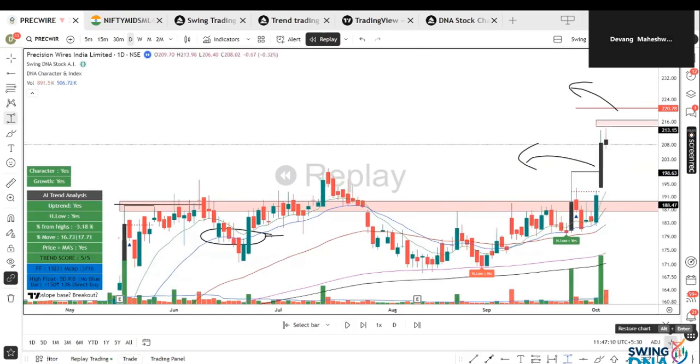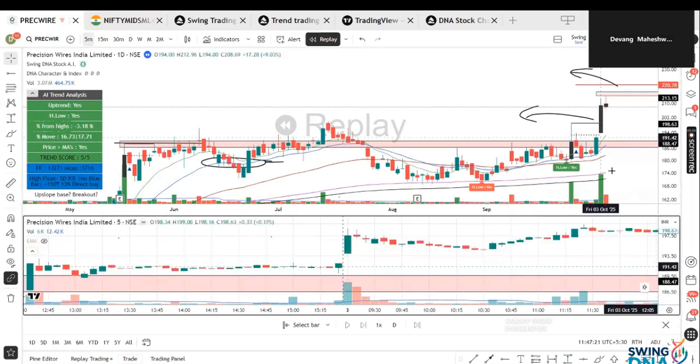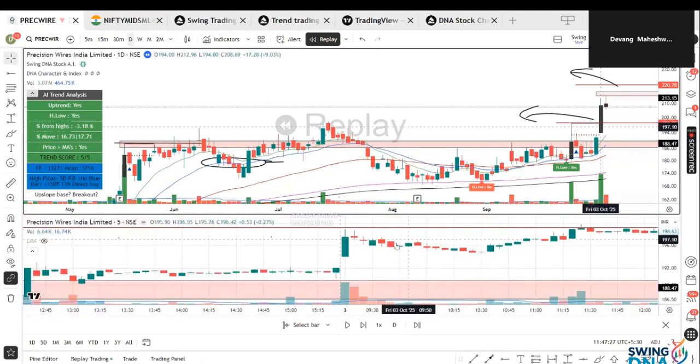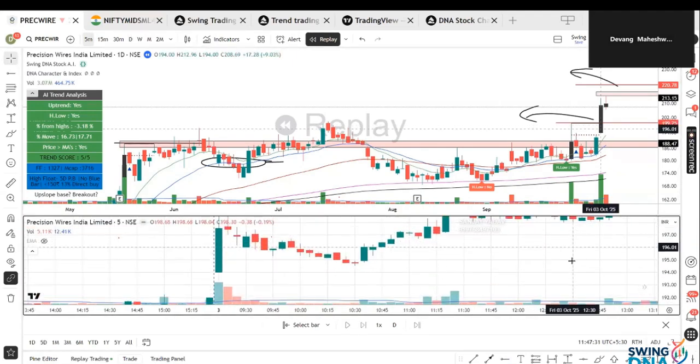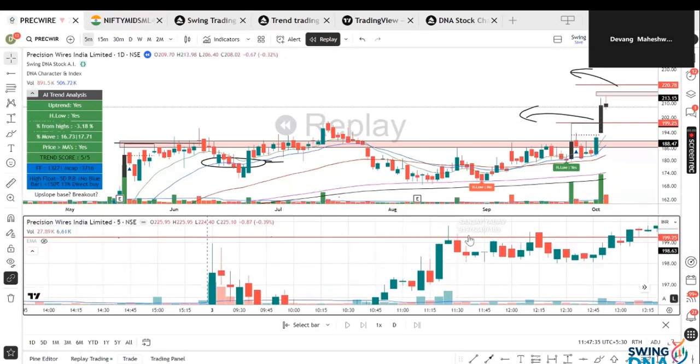Let's see this example. What would have been the entry price? This is 3rd October. Now look up here, it tried to move up in this candle, but it did not.